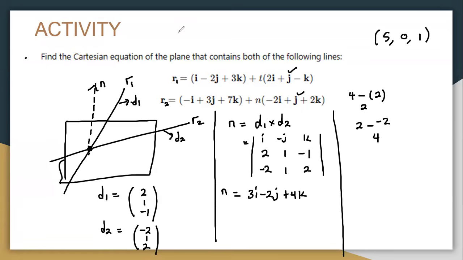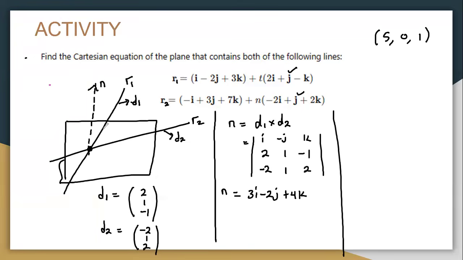Now, after finding our normal, the next thing we are going to do is get the equation of a plane. To get the equation of a plane, as long as you get any point along that plane, that point can work.